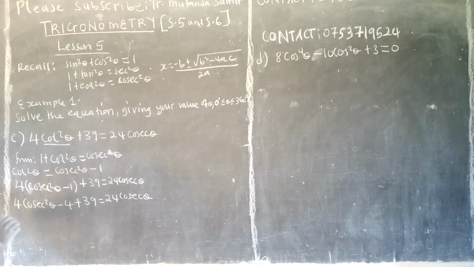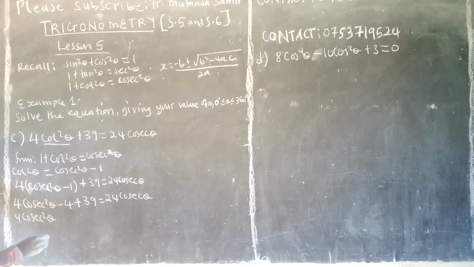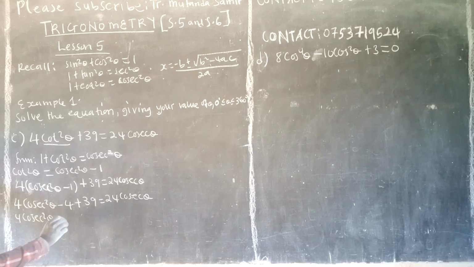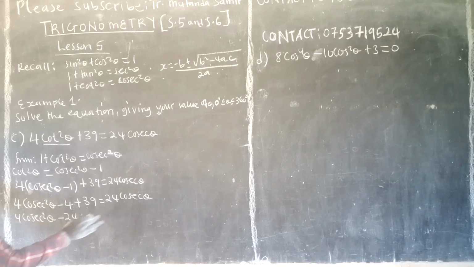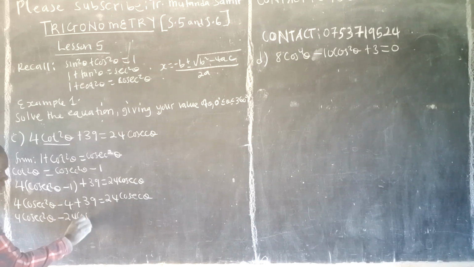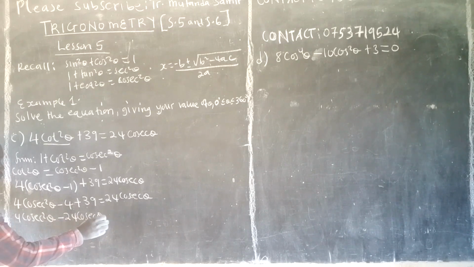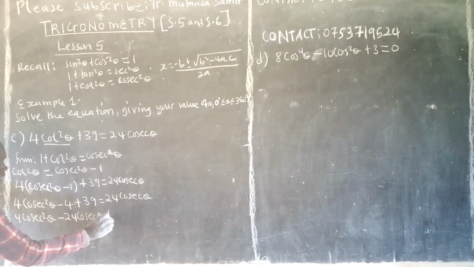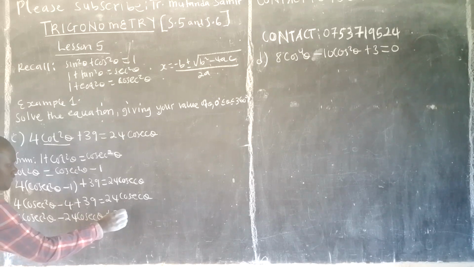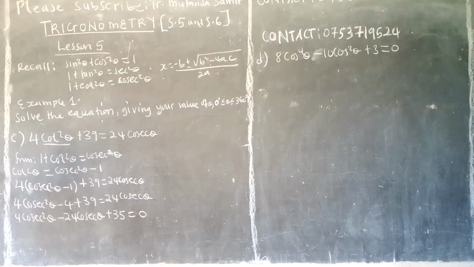Collect like terms: this will be 4 cosec squared theta minus 24 cosec theta, bringing this over. Now this and this will be plus 35, which gives us 0.